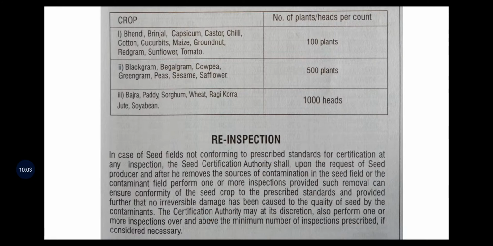One more aspect is reinspection. In case of seed fields not conforming to prescribed standards for certification at any inspection, the seed certification authority shall, upon the request of the seed producer and after the removal of sources of contamination in the seed fields, perform one or more inspections, provided such removal can ensure conformity of the seed crop to the prescribed standards and provided further that no irreversible damage has been caused to the quality of the seed by the contaminants.